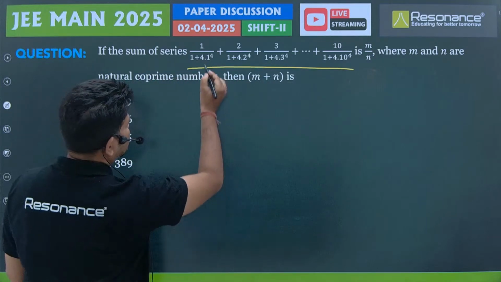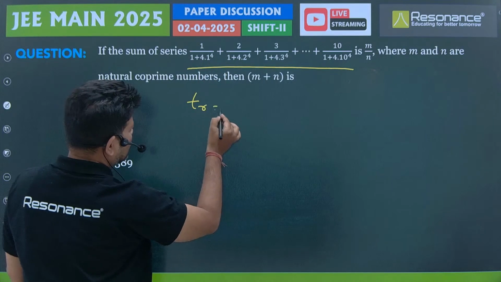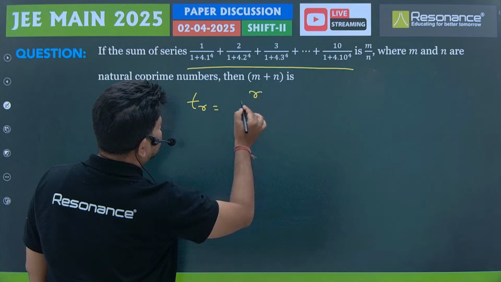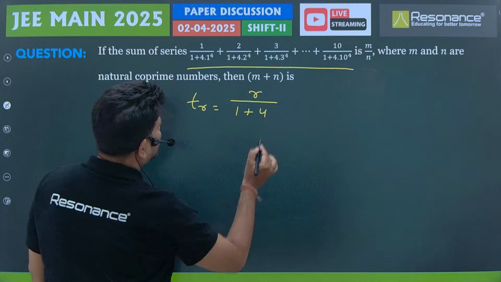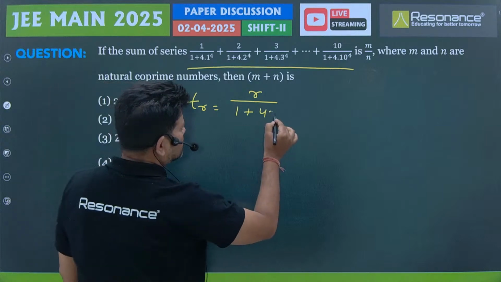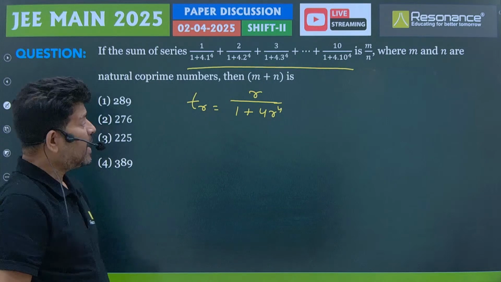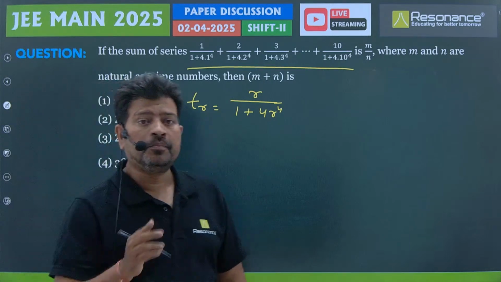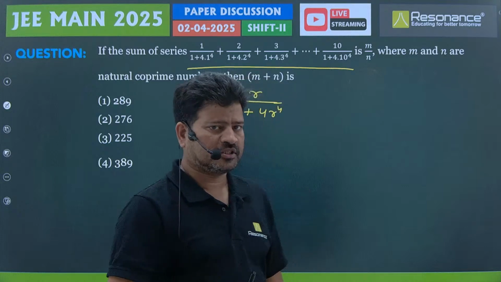Take the Tr term equal to r by (1 plus 4r to the power 4). We can get this. Now this term we have to split into two parts, then only we can solve the sum.